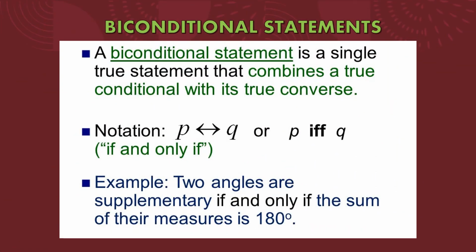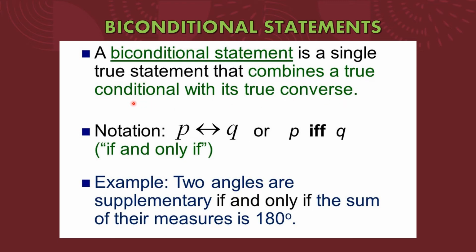So what is a biconditional statement? A biconditional statement is a single true statement that combines a true conditional with its true converse. So it is a combination of 2 statements, the conditional statement and a converse statement. But before we can write a biconditional statement, 2 conditions must be met.